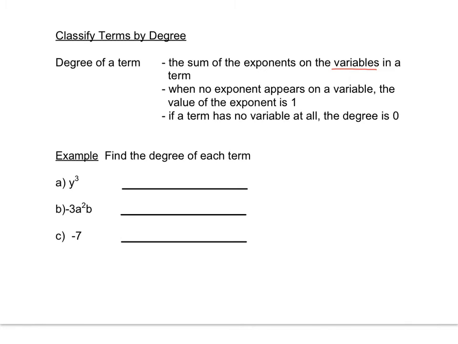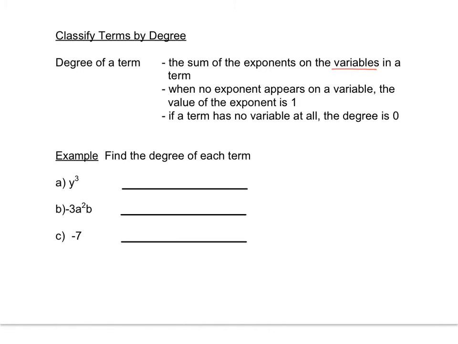Okay, it is the variables. So let's remember something. When no exponent appears on a variable, the value of the exponent is 1. But you guys knew that already. If a term has no variables at all, the degree is 0. Okay, goose egg.